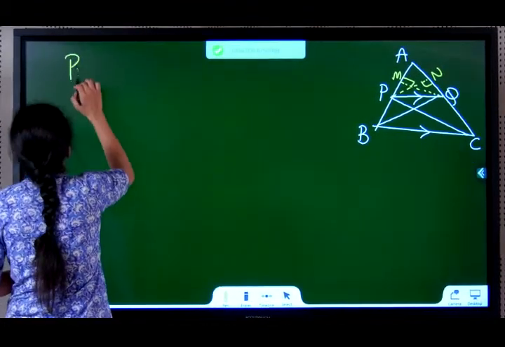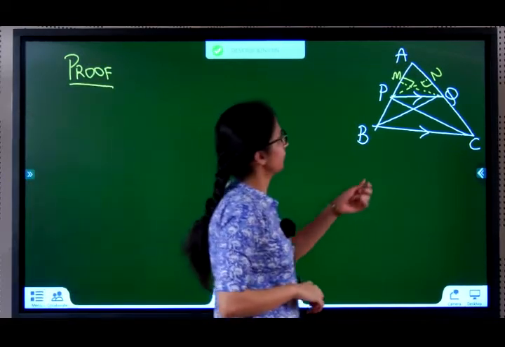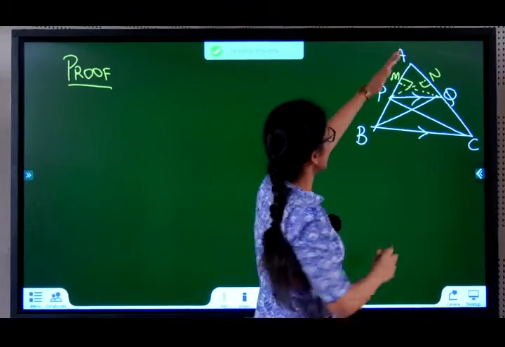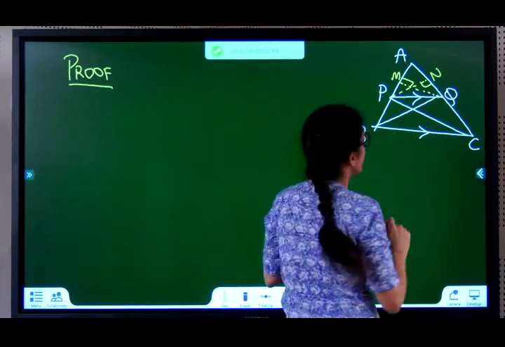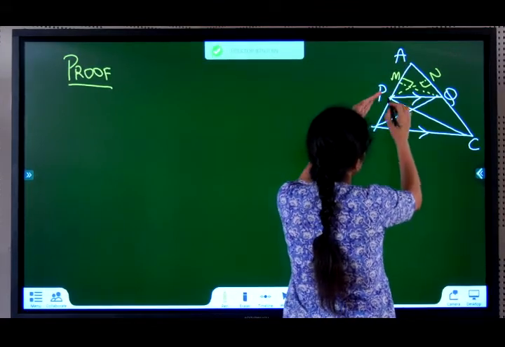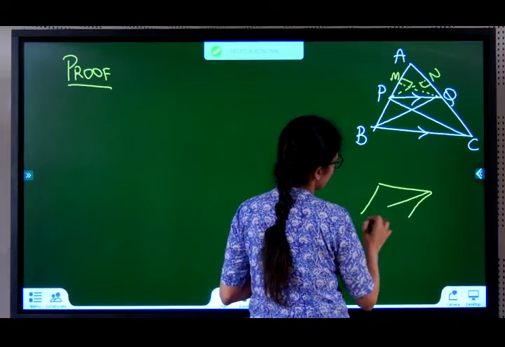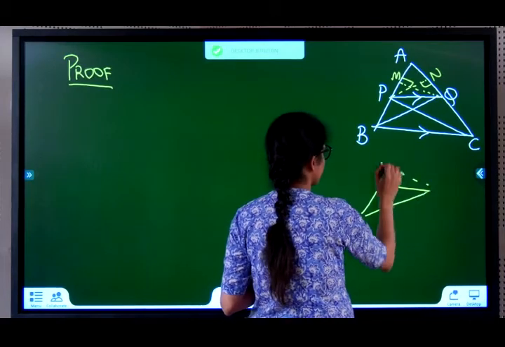So now for the proof, see what I am going to do. This QM is the height for triangle APQ. So I have AP involved. This QM is also the height for triangle BPQ.